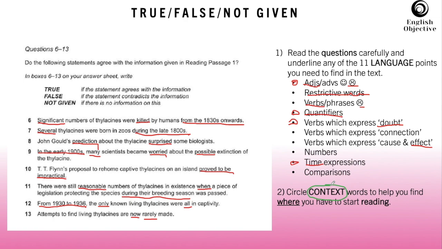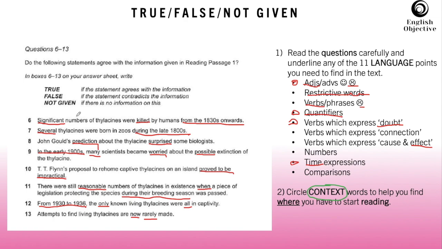Basically, I would have to find very specific words that would help me locate where I should begin reading. So I'm not going to read the whole text from the beginning to the end. I'm going to pick exactly the place where I should be reading in order to find the language points and therefore the answer.